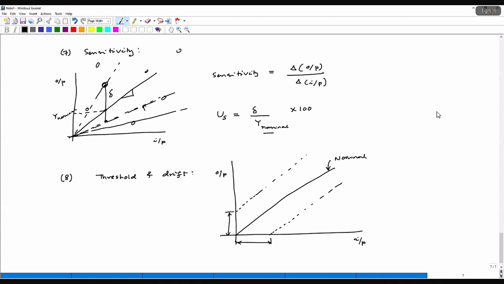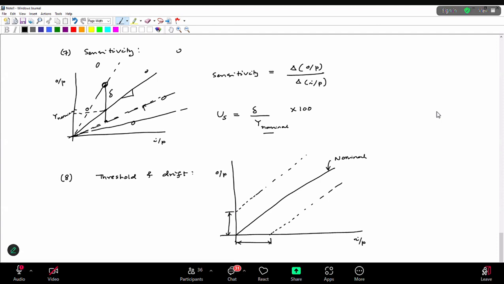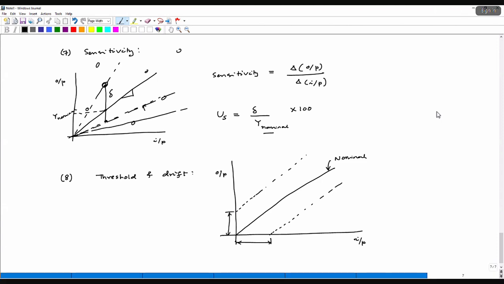Okay. So you can see that, let's say you have an instrument and you are measuring again, let's say temperature, and you change the heat input, but you see that the thermocouple is not responding. Okay, you started at 25 degree at, let's say, some input of 10 watt, you went to 10.1 watt, 10.5 watt. There is no change in the thermocouple, right? There is no change in the output. So that means your input is changing, your power that you are supplying is changing, but there is no change in the output.